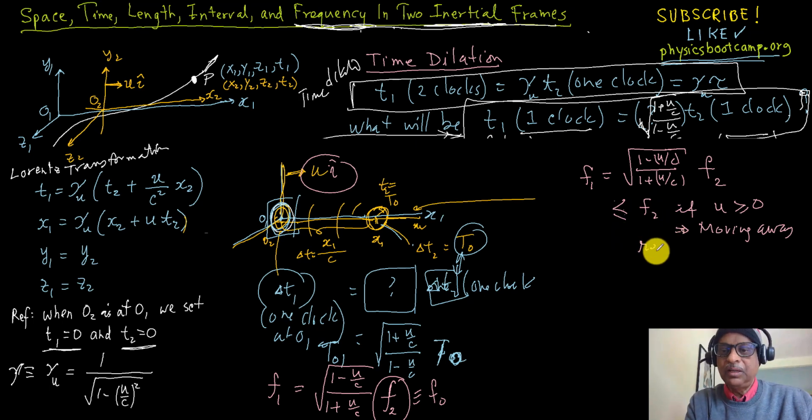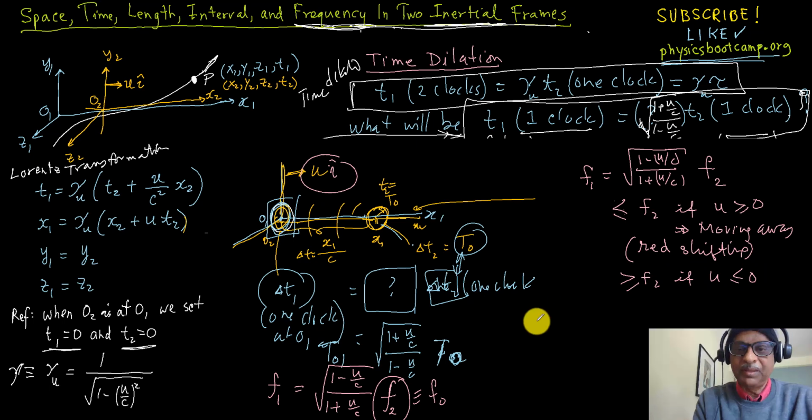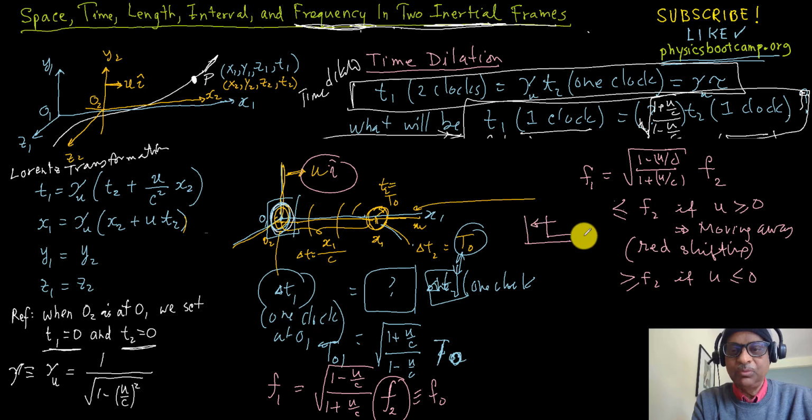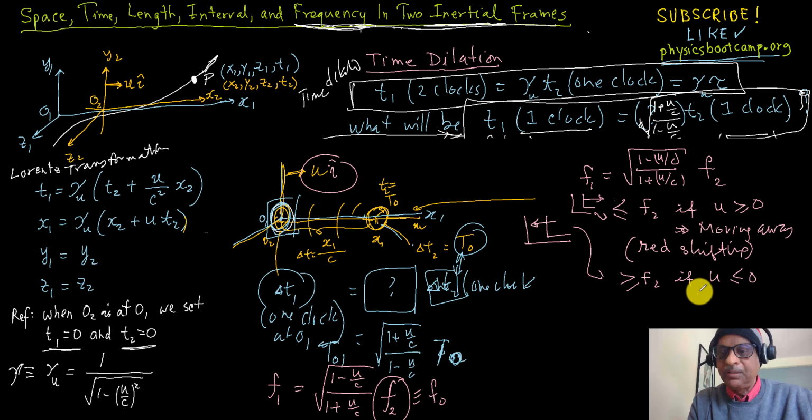And this is called red shifting, because the frequency is getting smaller. And f1 is greater than or equal to f2 if u is less than or equal to 0, which means if you use negative u, then it's moving this way, moving towards O1, and so this will be called blue shifting.